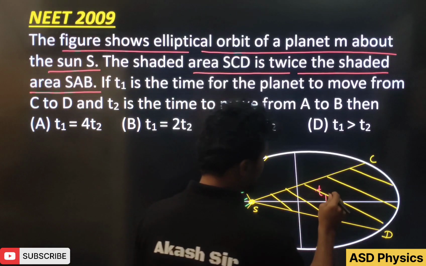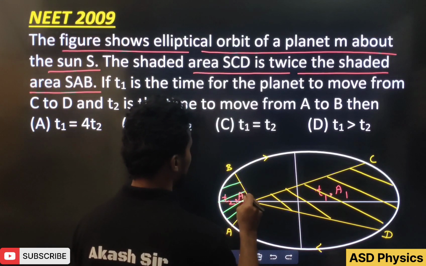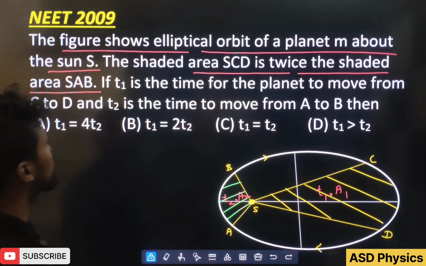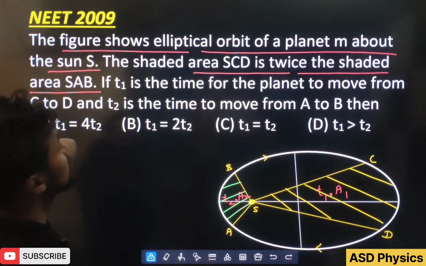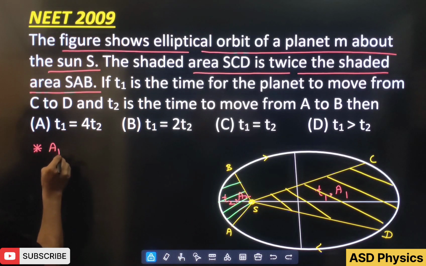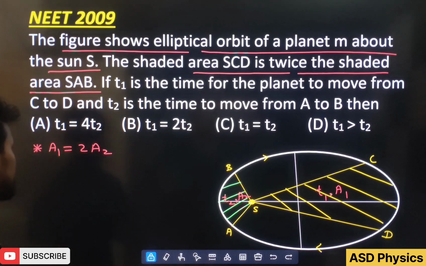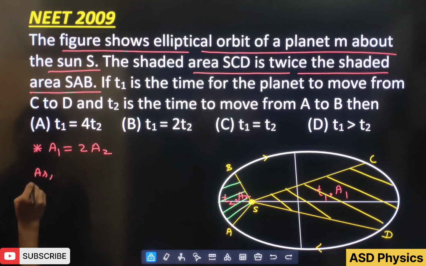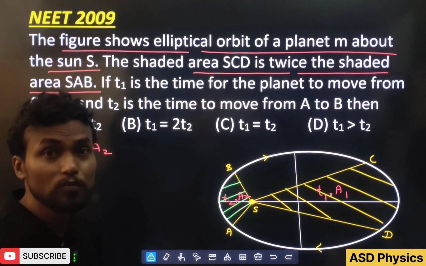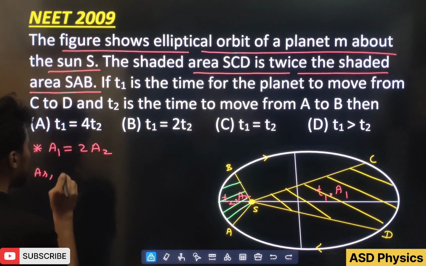Okay students, let's take this area as A1 and this area as A2. According to the question, area SCD is twice the shaded area SAB, so A1 is equal to 2A2. Now from Kepler's second law, areal velocity will be constant, that means area per unit time will be constant. We can write A by T is constant.